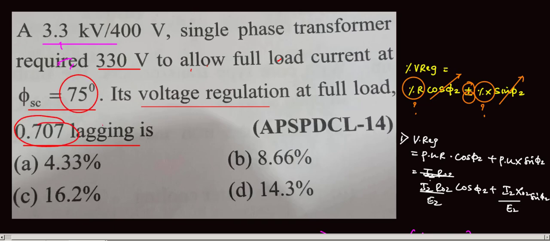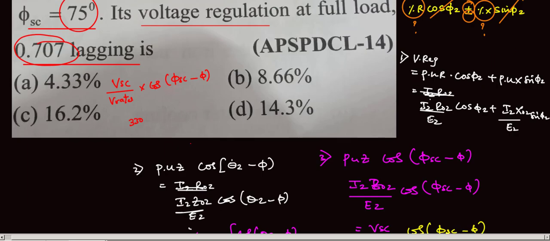0.707 is given, phi SC is given. Voltage regulation equals Vsc by V rated into cos of (phi SC minus phi). What is the short circuit voltage? 330 volts by 3.3 kV, that equals 33 into 1000 into 10.